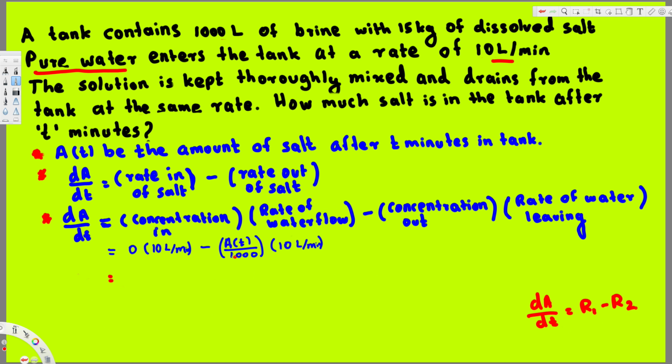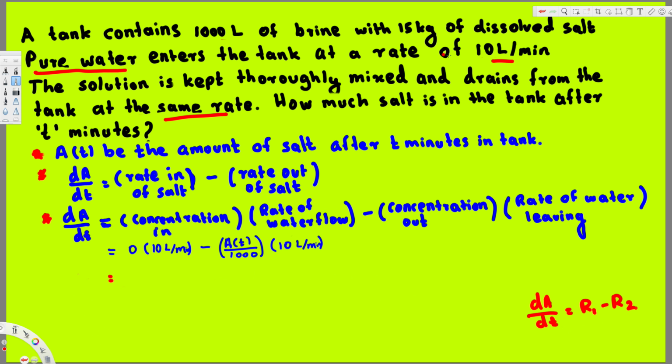And then we have to find the concentration out, but the concentration out they didn't mention in the question, but we can find it using the generic pattern. This is unknown, that is A(t), the amount of salt after t minutes. That's what we are interested in. And then we have this 10 liters per minute because they have mentioned here mixed and drains from the tank at the same rate.